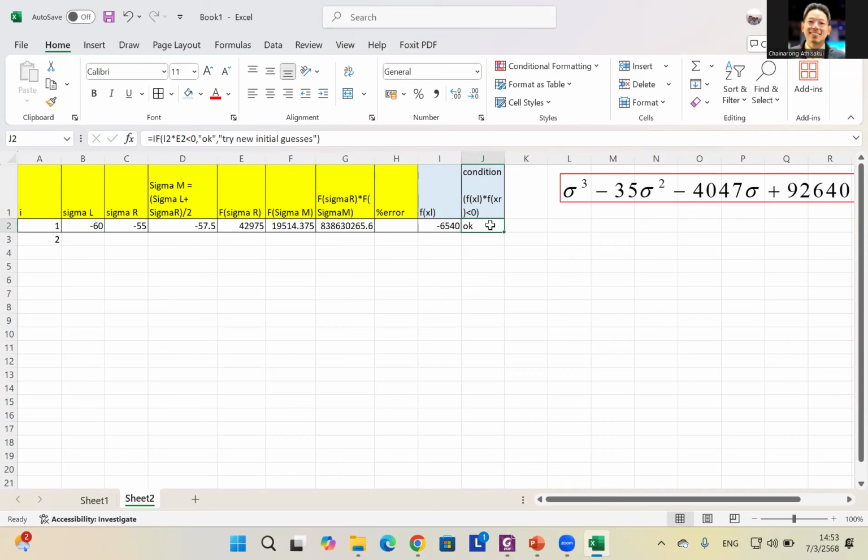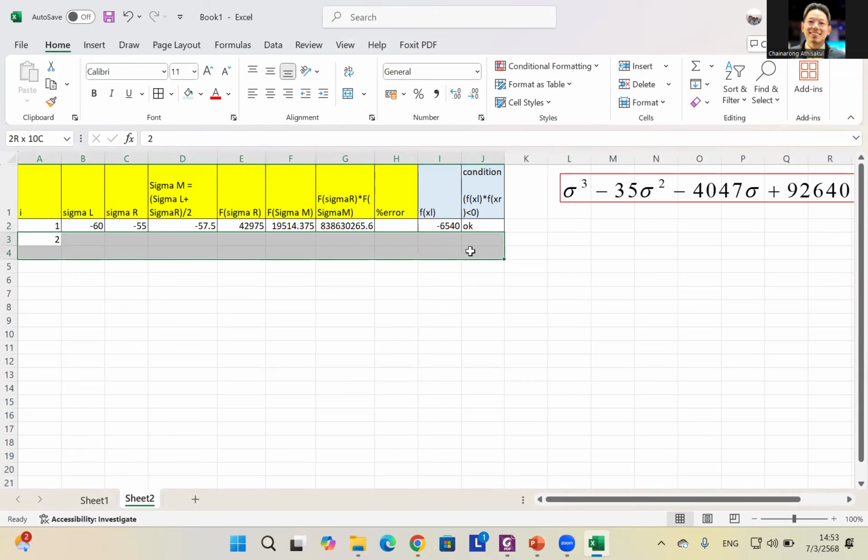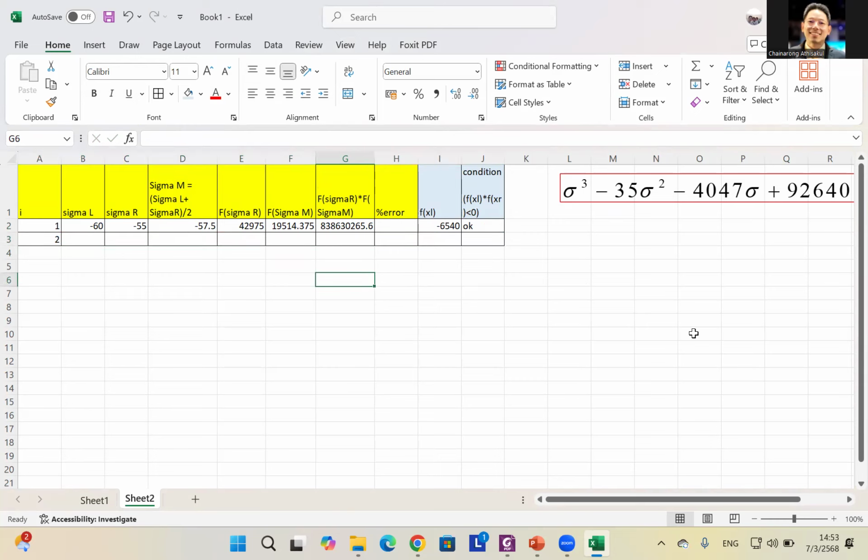We check this, that's really done. So now the condition that we have to check next is what? We will check this condition, right?